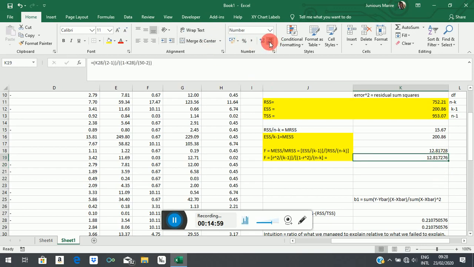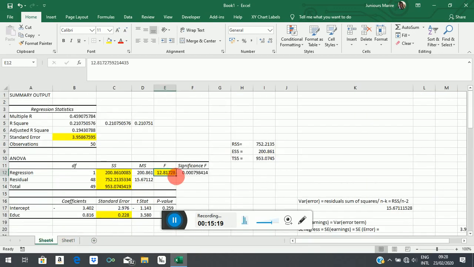So what it means is, if you know your R squared, you can find the F. If you are given the explained sum of squares and the RSS, you can find your F. Whichever way, you can find the F. So this is the number we have here, which is the F. So this is the statistic we use to measure how good our model is overall.